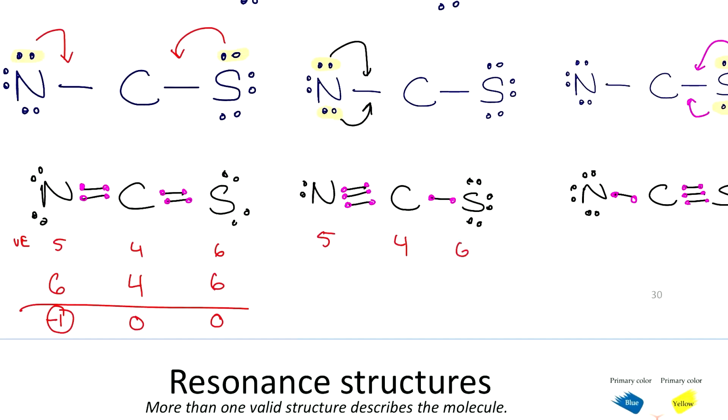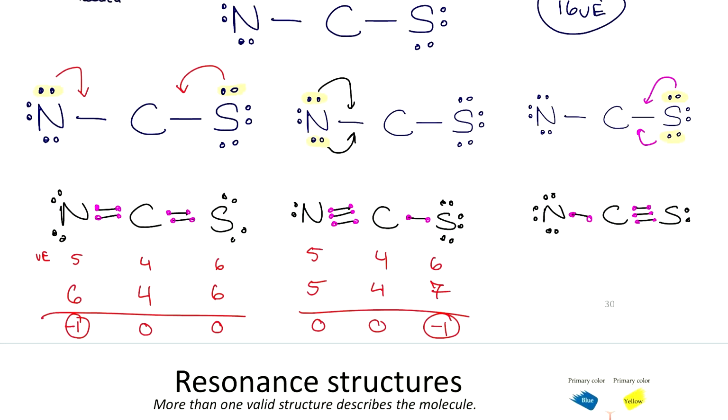All right, so let's go again. 5, 4, 6 is the same across the top, but where the numbers do change is the numbers of electrons assigned to each of these atoms. Okay, how many electrons on nitrogen? 5, 4, 7. So in this structure where the triple bond is on nitrogen, formal charges are 0, 0, -1. Right?